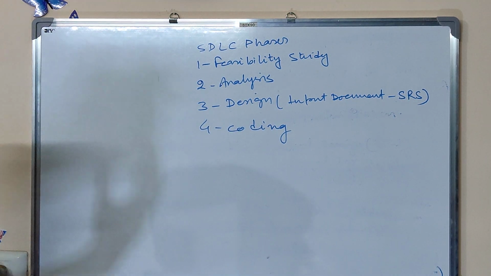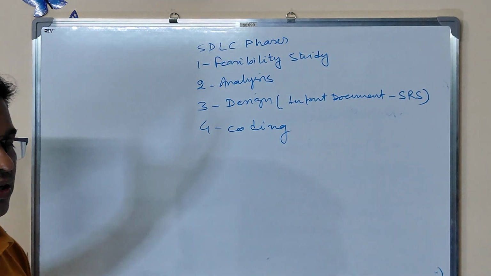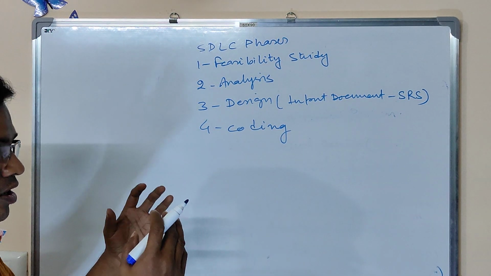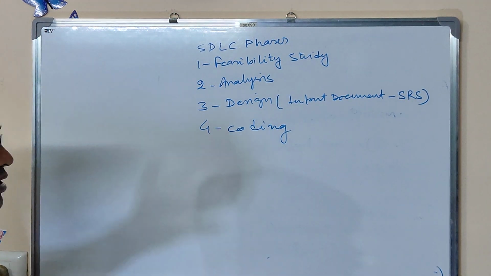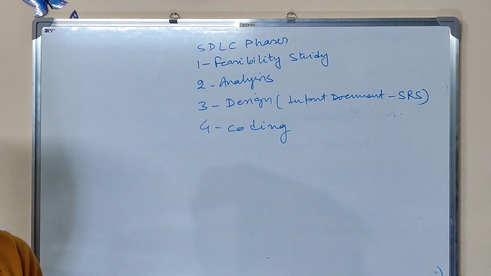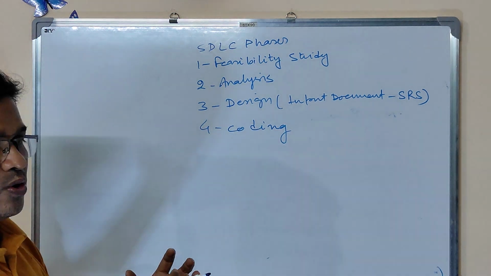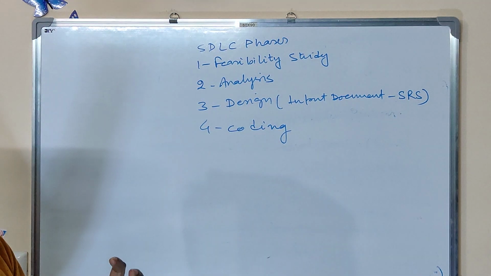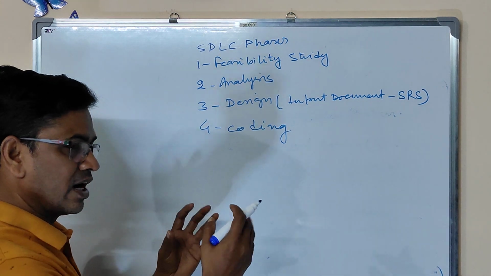So the objective of the coding phase is to convert the logical module into the functional module. As a result of the coding phase, we are able to see the modules in the form of functionality.